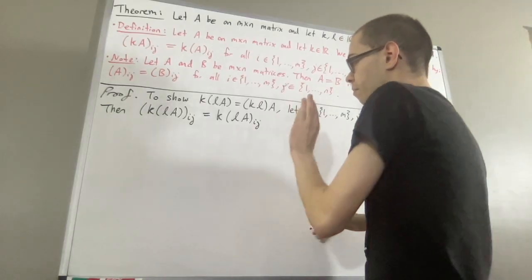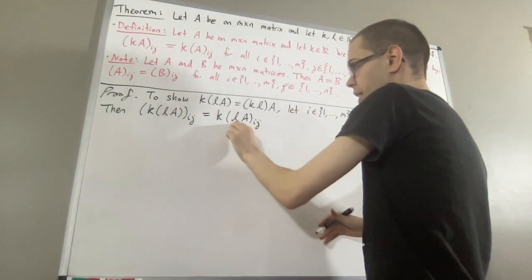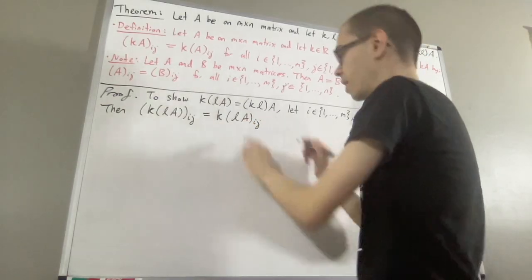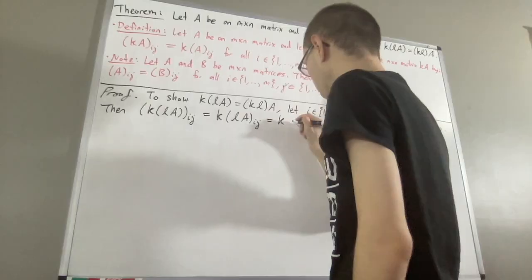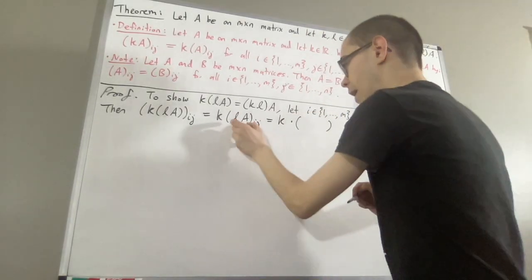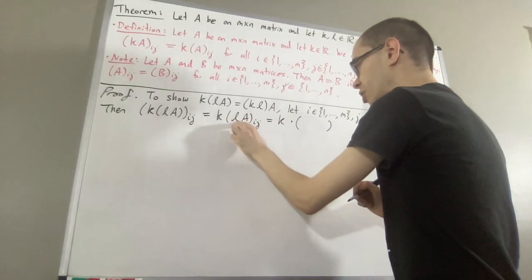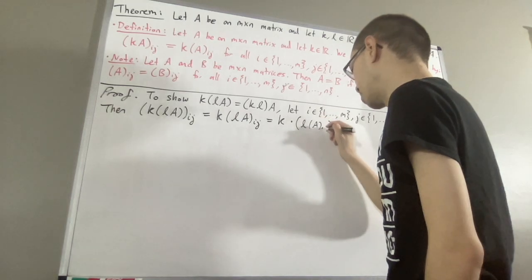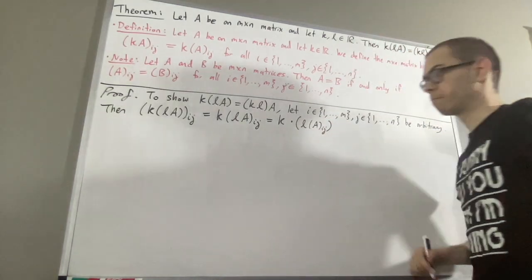By definition, the ij entry of matrix LA is equal to L times the ij entry of matrix A. So let me keep that in parentheses, just like that.